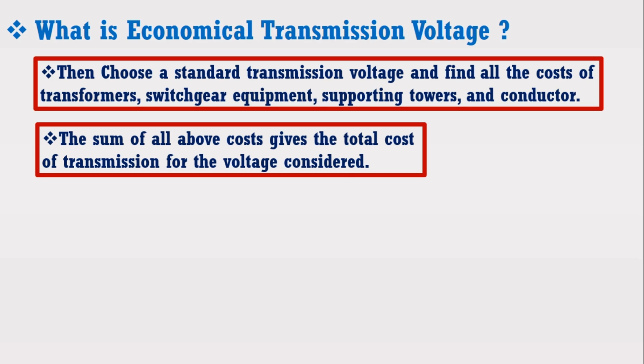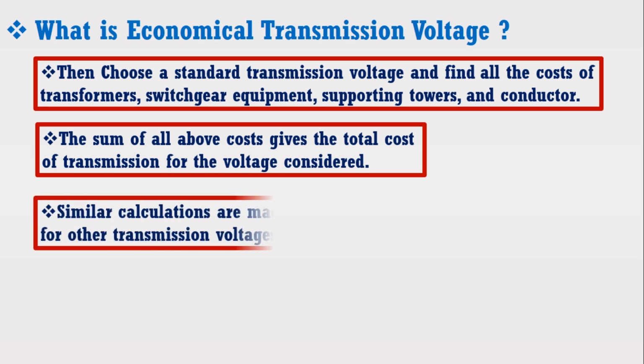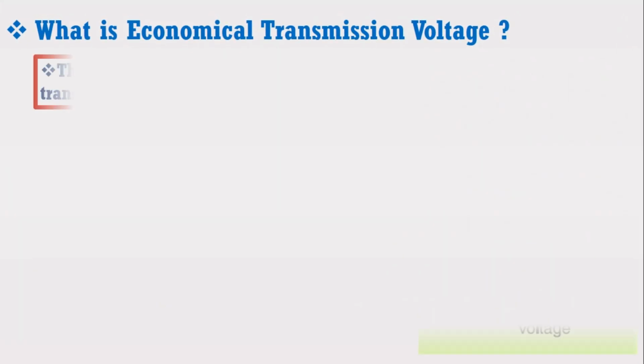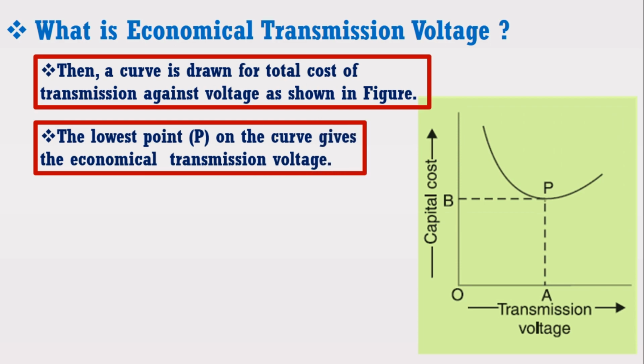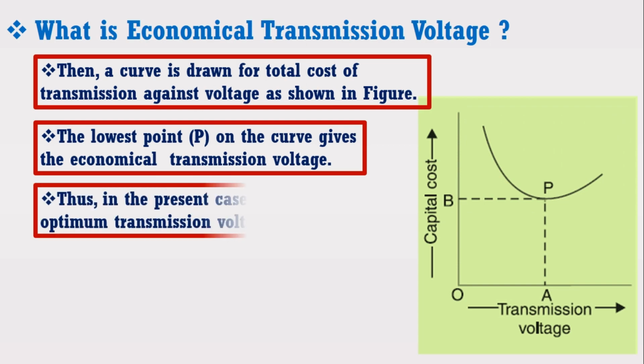Now similar calculations are made for other transmission voltages. Then a curve is drawn for the total cost of transmission against voltage as shown in the figure. It may be noted from the figure that the lowest point P on the curve gives the economical transmission voltage. Thus, in the present case, OA is the optimum transmission voltage.